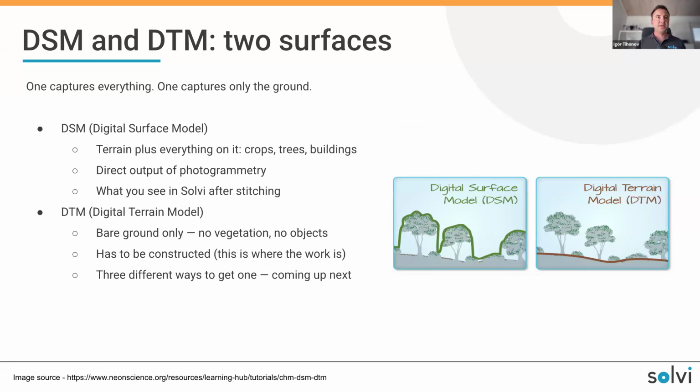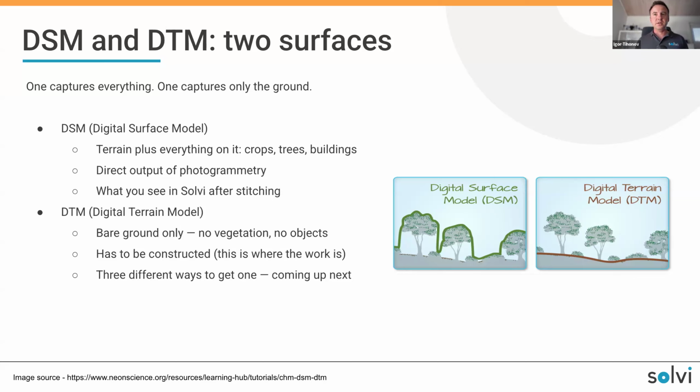I mentioned briefly DSM, Digital Surface Model, but there are actually two other terms that are very important to understand, because they play a big role in how you actually do the height measurements, as there are a few different methods. First, DSM and DTM. So DSM is what is created after every imagery processing, so the default output.